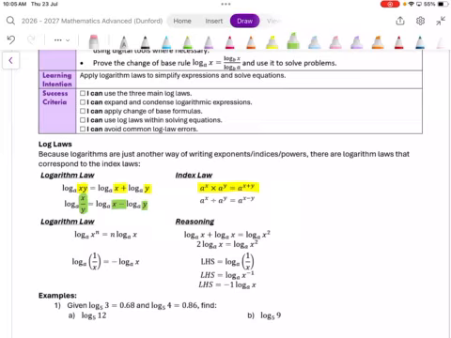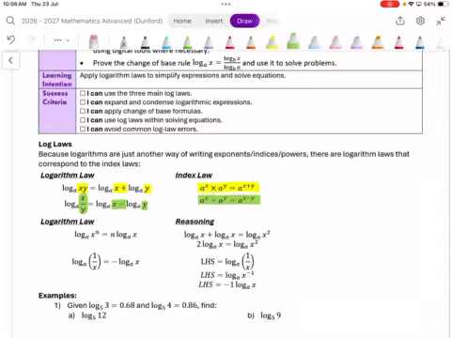So that corresponds to the index law of a to the power of x divided by a to the power of y, which equals a to the power of x minus y. Okay, so when you have two logs minus together, it means that together it's division. When you have two logs added together with the same base, it means that it's multiplication. Okay, so multiplication and addition, division and subtraction go together.